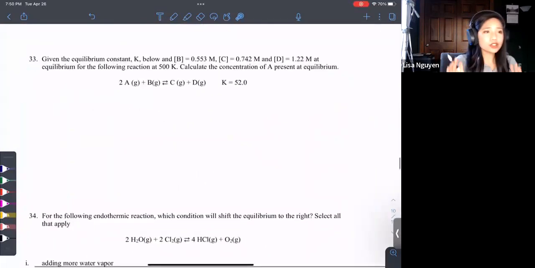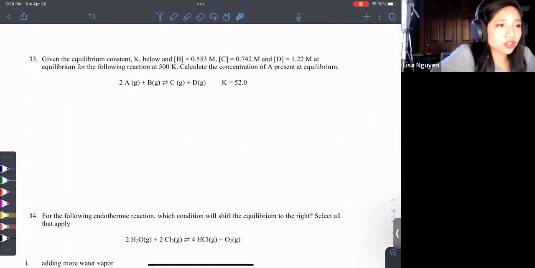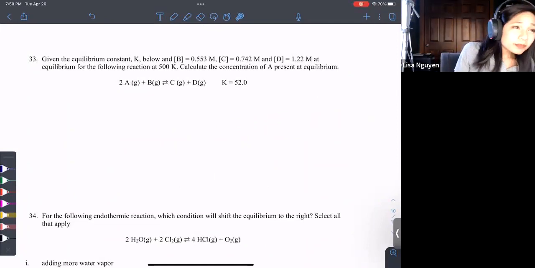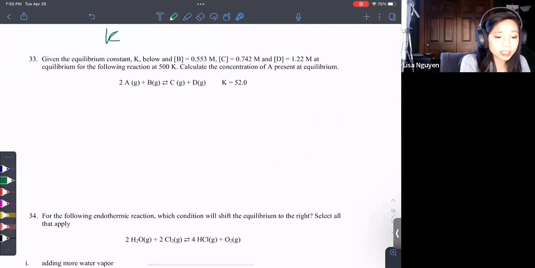Okay. So 33. Still solution chemistry, we're talking about equilibrium and how we can shift equilibrium around based upon Le Chatelier's principle. This is all based upon the idea of K, our equilibrium constant.